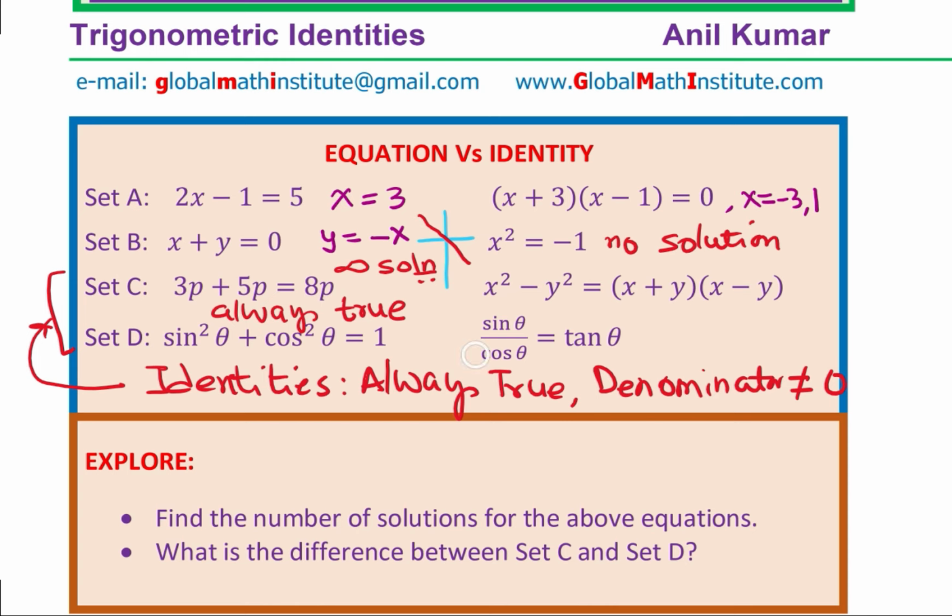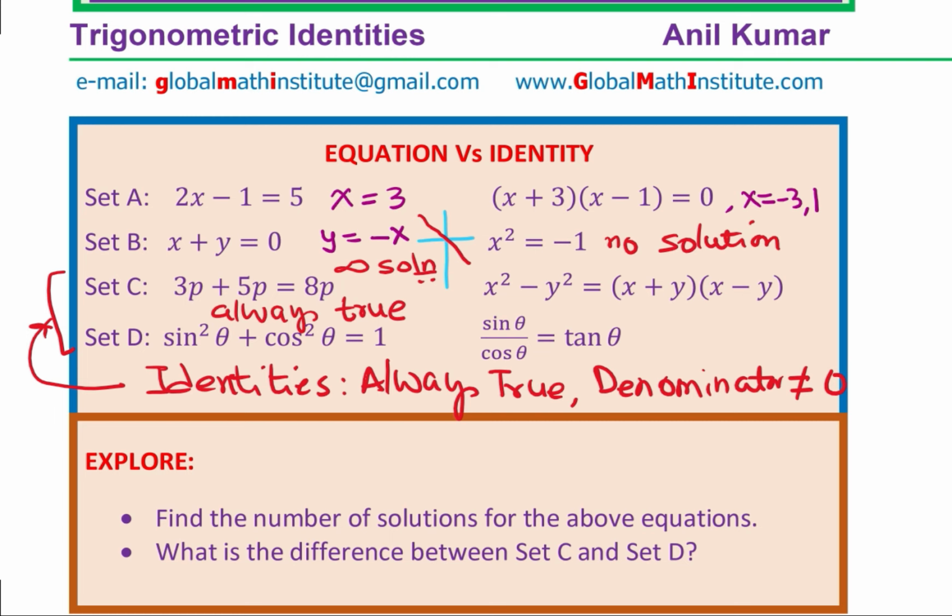So whatever numbers make the denominator 0 will not be part of this always true, right? So we don't keep writing, well, theta is not equal to this. We know that this is a restriction on any rational type of equation, or wherever we have a denominator, we cannot divide by 0. Correct. So that is what we have here.